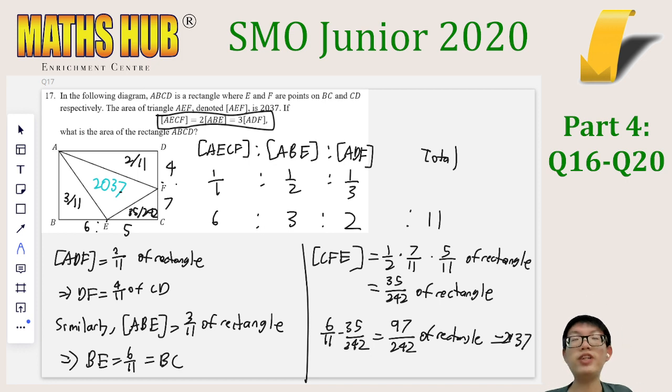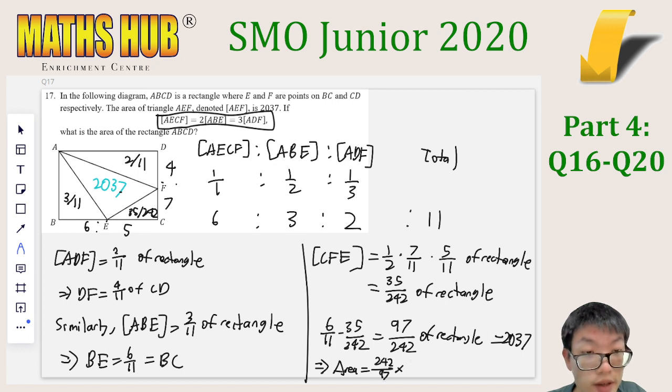So we can breathe a huge sigh of relief if we divide 2037 by 97 and it is an integer, which thankfully it is. 2037 divided by 97 is just 21. So therefore, our area is 242 over 97 times 2037, and this would be 242 times 21.